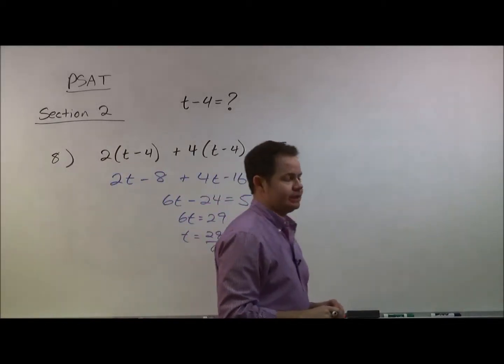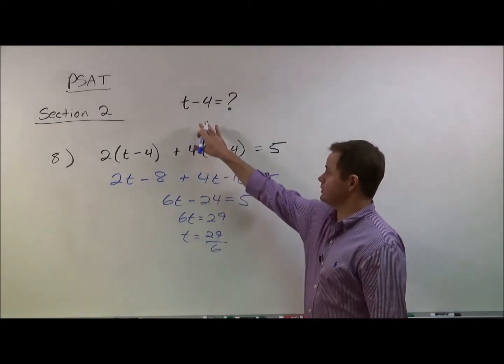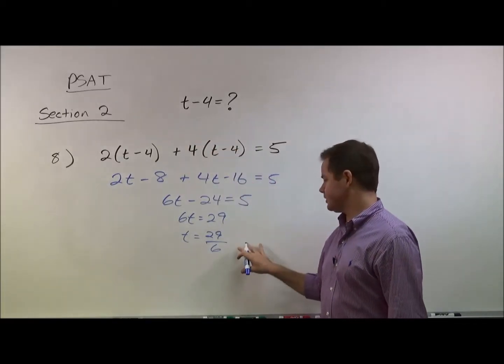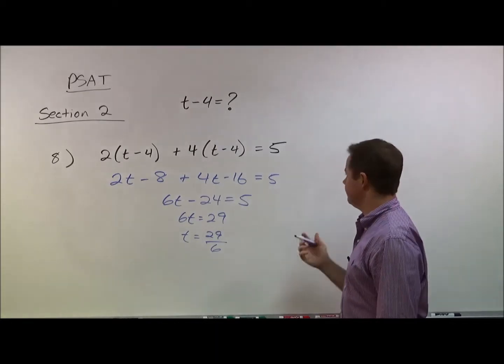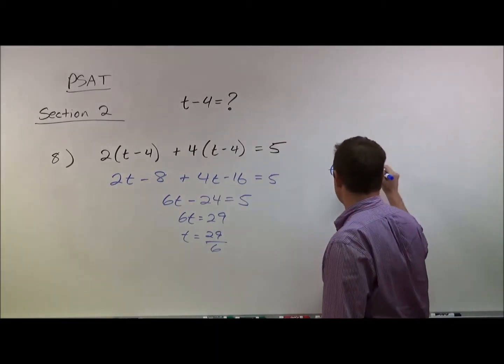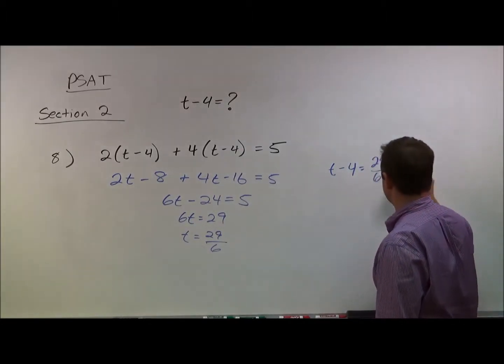So that's one way we can do this problem, but we're not done, because the question is asking us to find the value of t minus 4, which means that from here we would then have to plug this in. When we do that, for t minus 4, it's 29 over 6 minus 4.